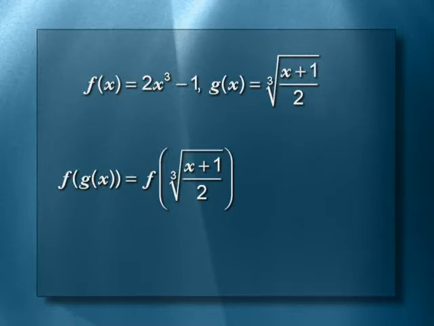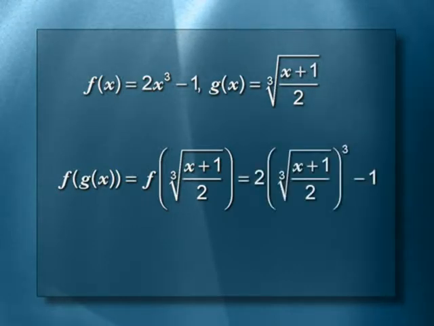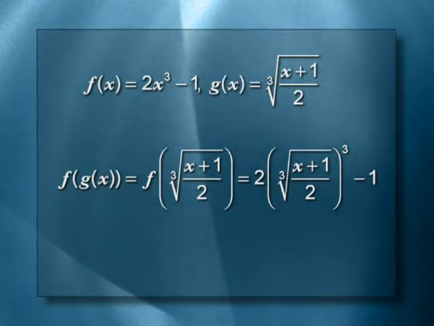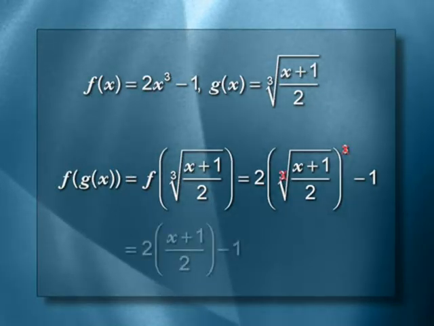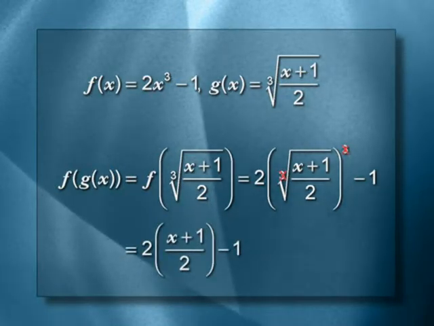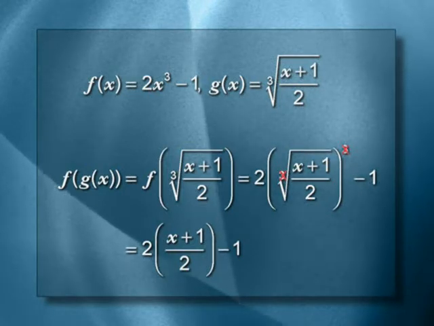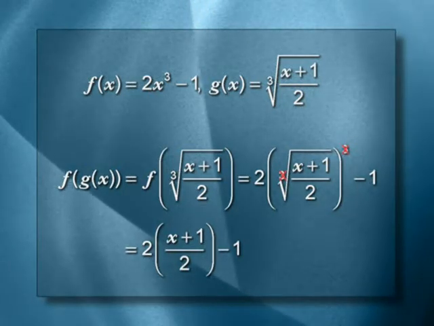So what does f do? It's 2 times that thing cubed and then minus 1. So that cube root cubed, those undo each other, don't they? And so we're left with 2 times the quantity, x plus 1 over 2, minus 1. And now some more cancellations occur.